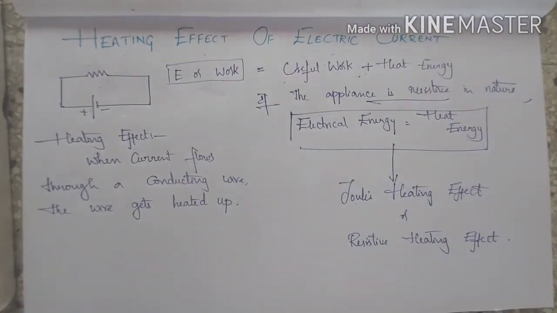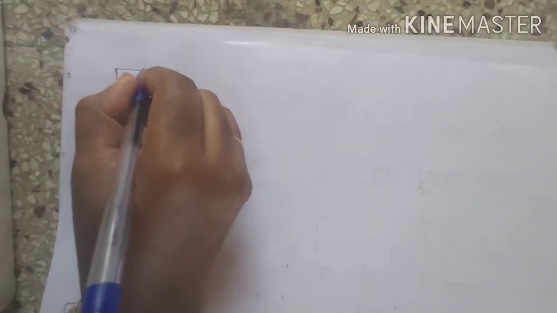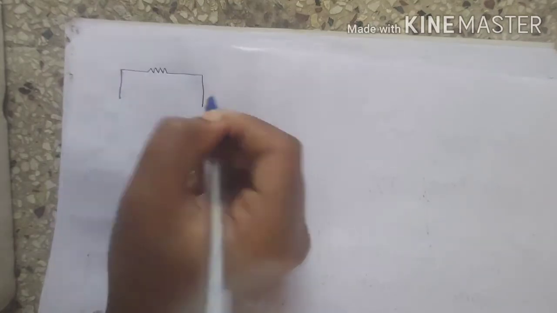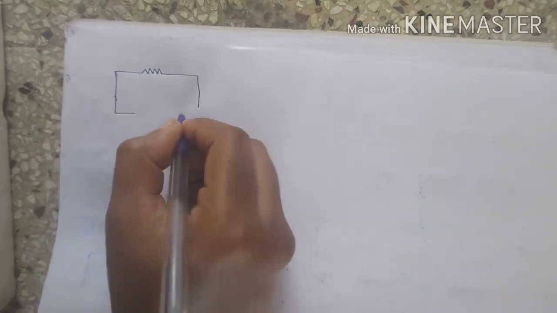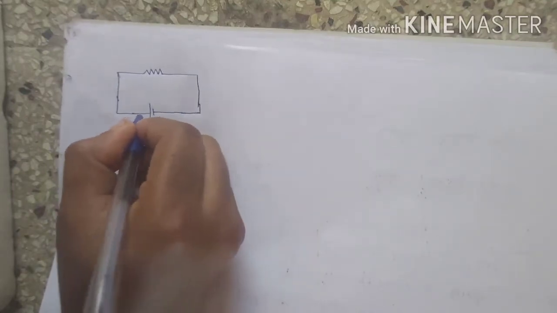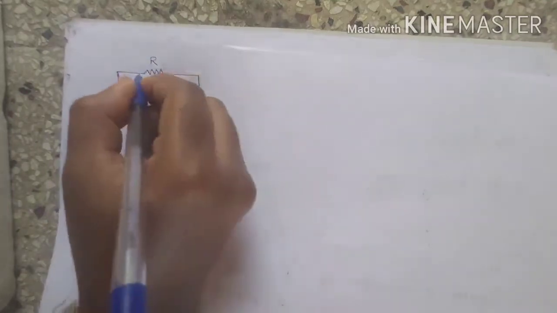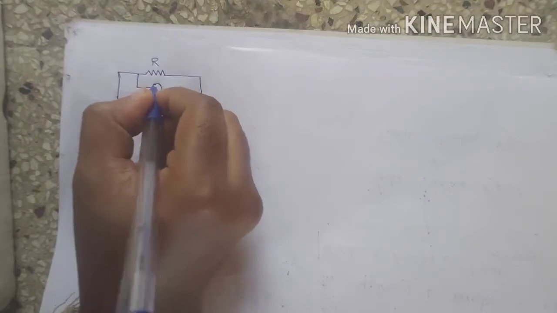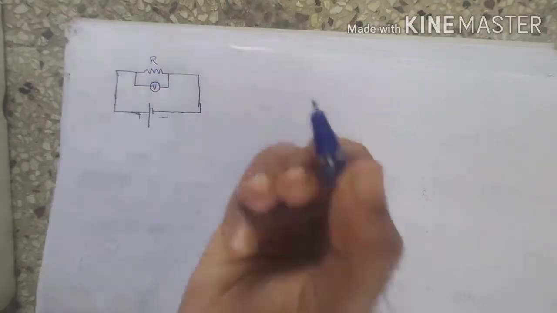Now we'll be seeing the formula for the thermal energy, or the heat energy, produced by the heating effect of electric current. Here I'm again taking a resistance R connected over a battery, positive, negative, with a voltmeter.